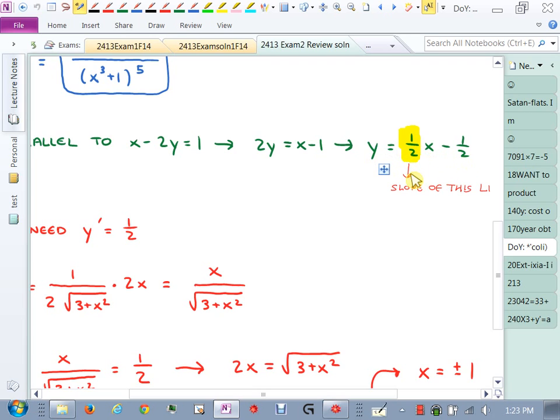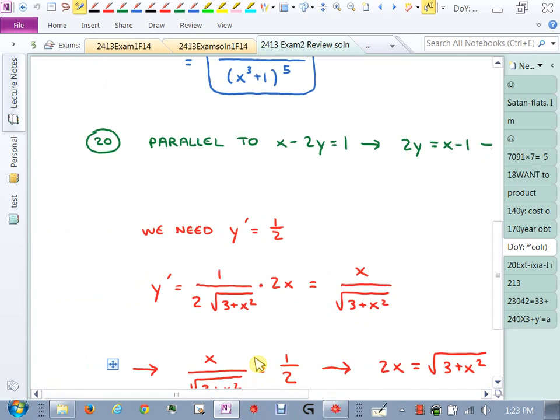So the line has a slope of 1/2. So basically what I need to know is, when does the derivative of my function equal that slope? When does my y prime equal 1/2? Does that make sense?